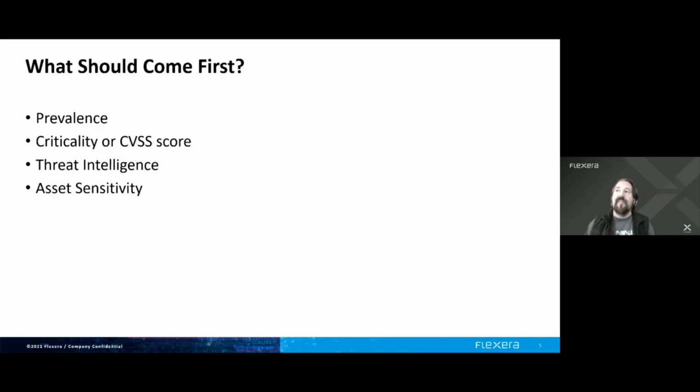And I think that in particular, threat intelligence especially, is really a game changer, because if you look at the vulnerabilities that are actually exploited, those that are being exploited are typically in the 4 to 8 range of criticality.